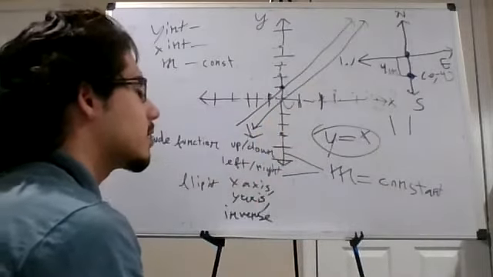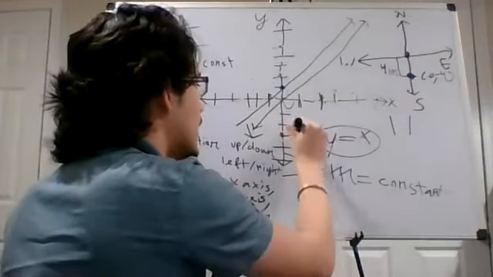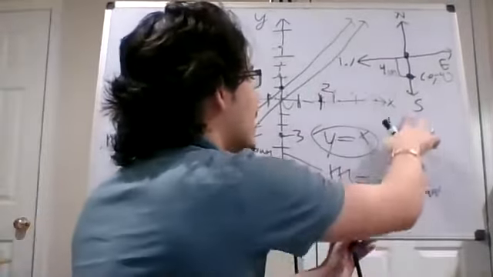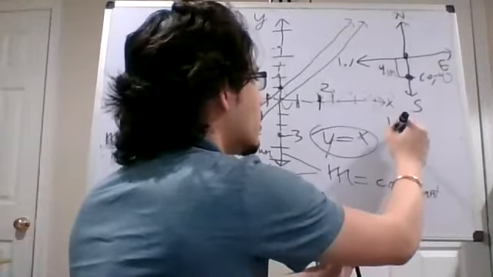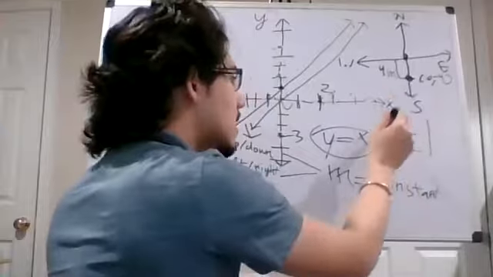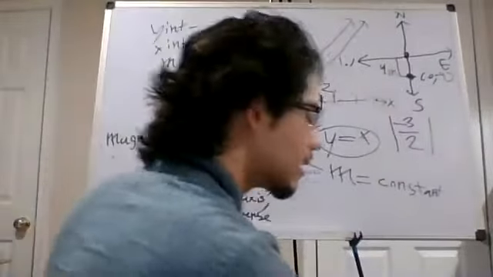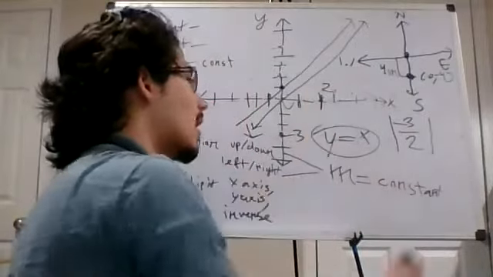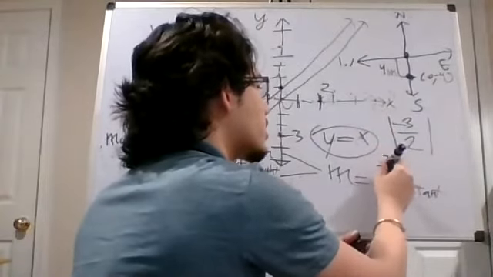You can take the magnitude of the x and y intercepts, 3 and 2, and instead of the differences, simply put the actual numbers of where the intercepts are. And you can say this is the magnitude of the slope, so 3/2.